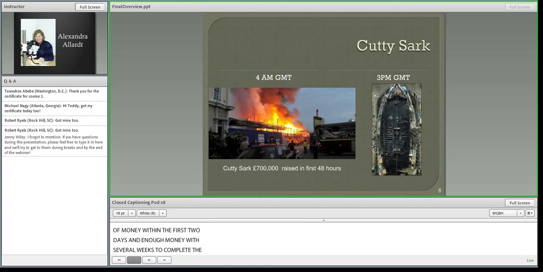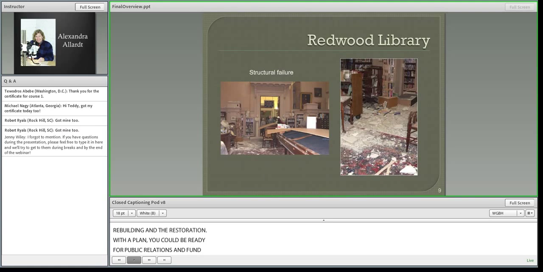Or how would you like to be the first to find this? Structural failures in the 18th century plaster caused the ceiling to fall down all over the collections on the first floor in the Redwood Library and Athenaeum, the country's oldest private lending library with a significant special collection of rare books and fine art. A large portion of their collection is on display and was damaged or contaminated by the plaster.